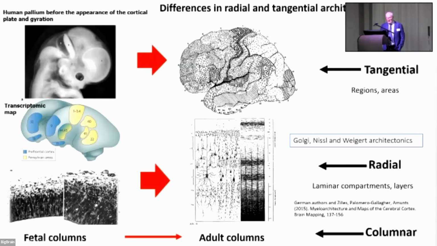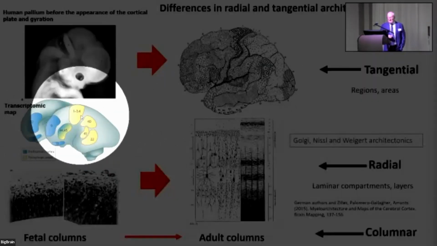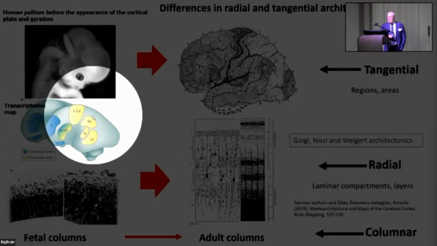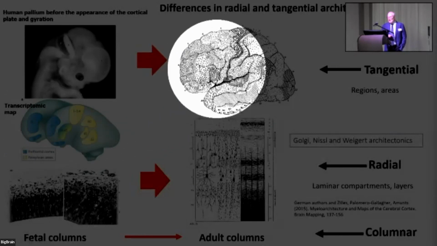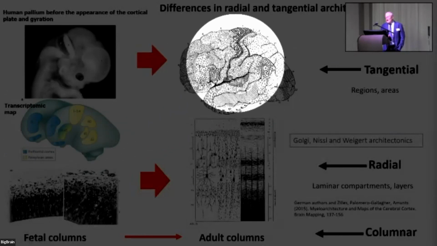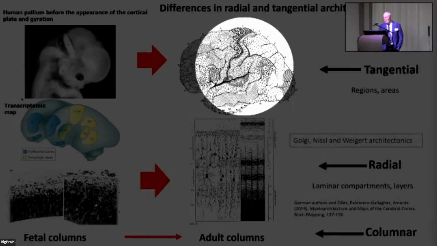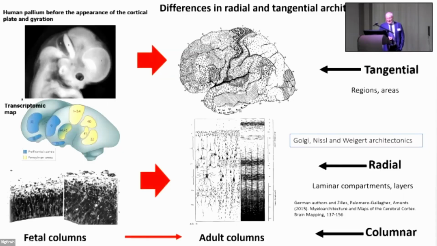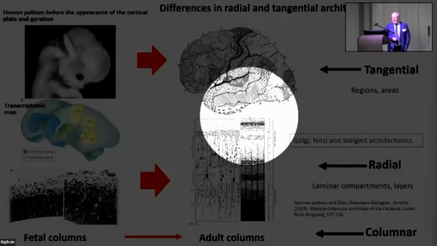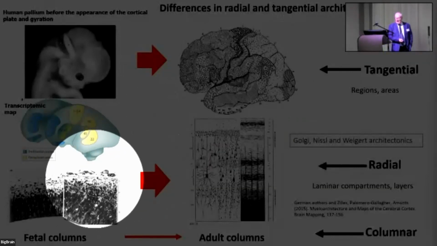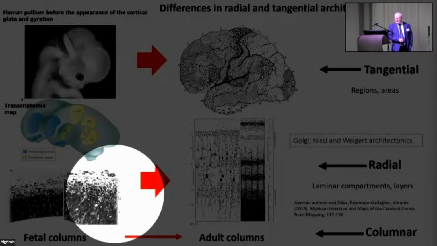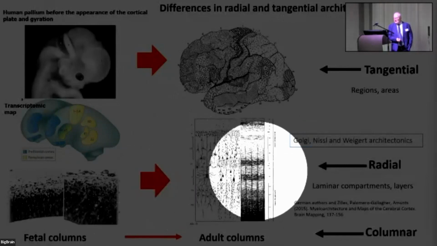In the fetus you have just a few typical regions, but in the adult you have parcellation, a very complicated one, and nobody agrees how it should be parcellated. In a fetus you have a few layers, but they are completely different from these 6 adult layers, and that's a crucial thing to remember.